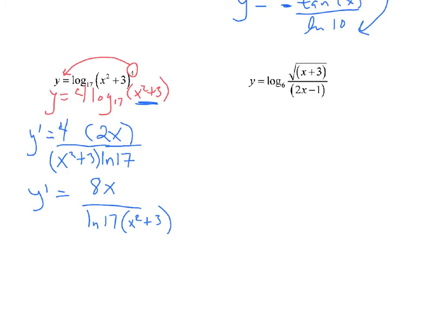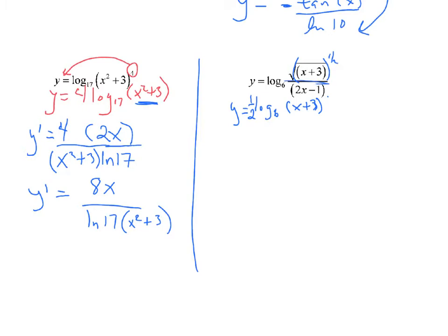If I see right away that I can use my log rules to split this up into lots of logs. So this is log 6, and remember this is a half power when it's a square root. I am going to say it's log 6 of x plus 3, but that 1/2 power, that's there, I'm going to move down in front because that's a rule, and it makes my life easier if I don't have a power because I don't have to do chain rule.